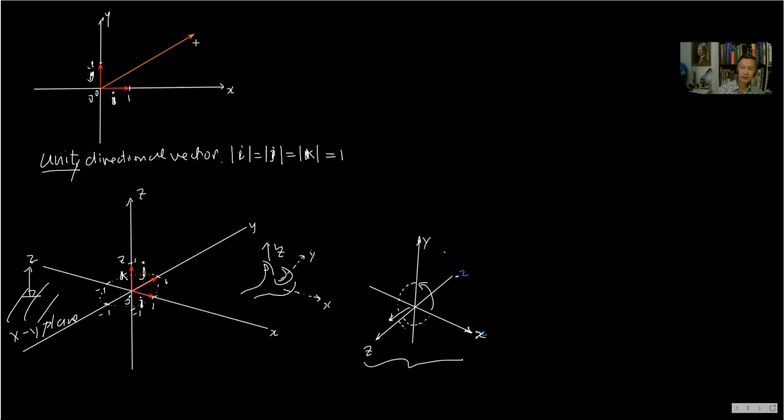For example, if this vector is called, say, vector A, you can always find its projection in these two directions. So that would be the Ax component, and there will be the Ay component, right? Any vector is sometimes just called OA.